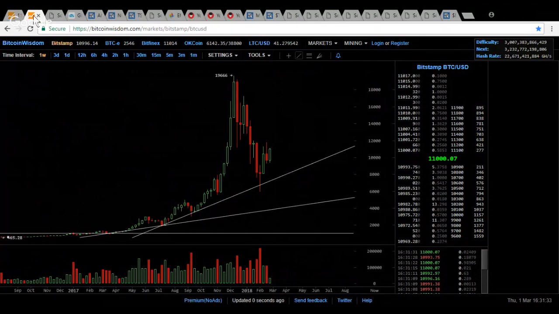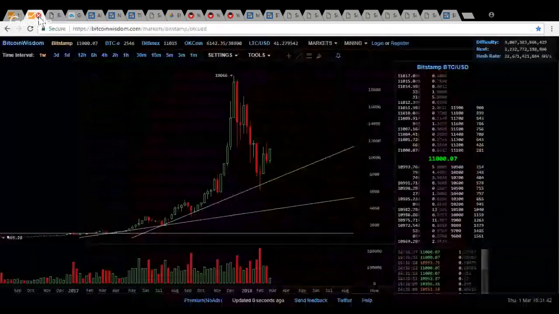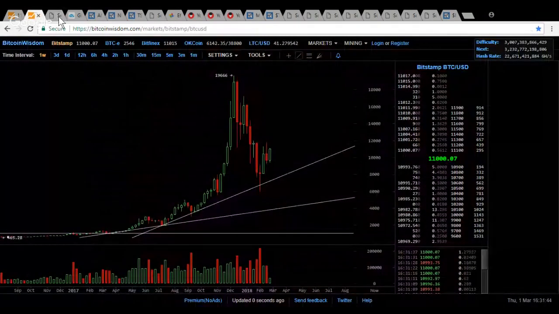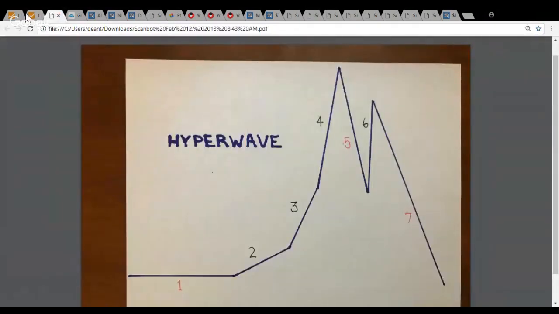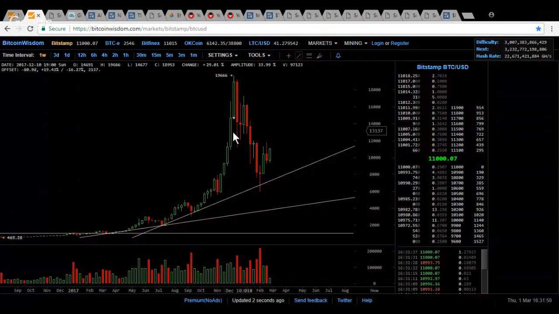You will notice here, when compared with this, which is our model or our archetype hyperwave, that there is great similarity. Although we are not sure what this is yet.